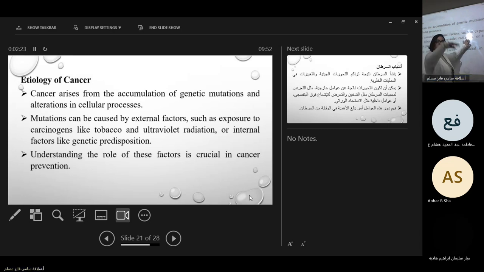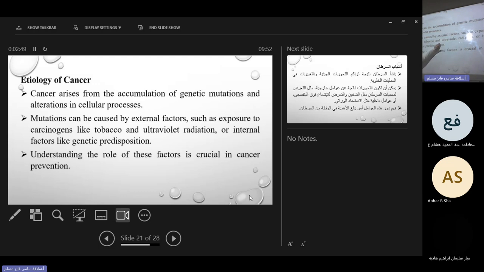Like light radiation, sun radiation, okay? Or internal factors like genetic predisposition. Predisposition means that you have the qualities to change or to get something.